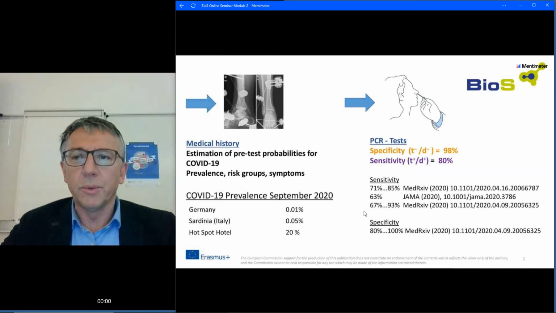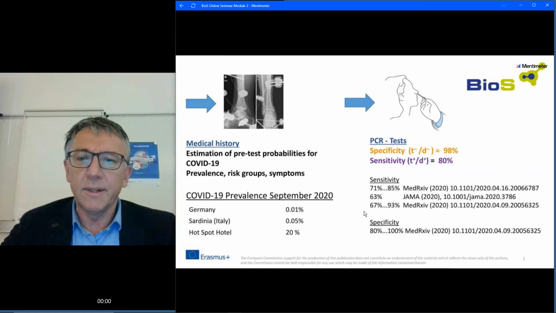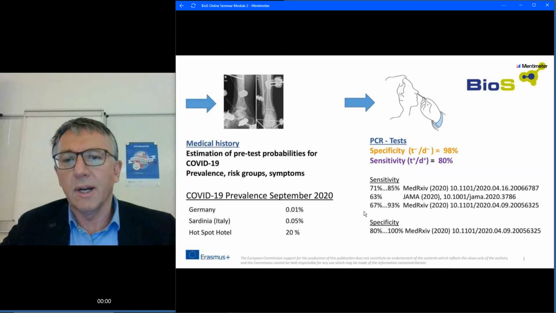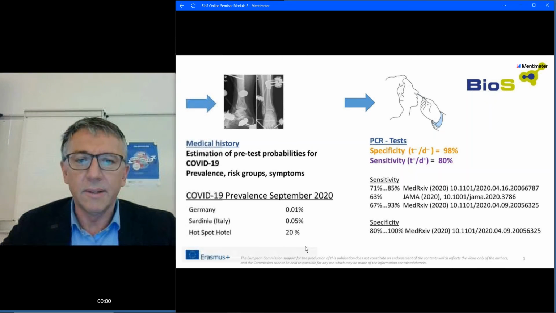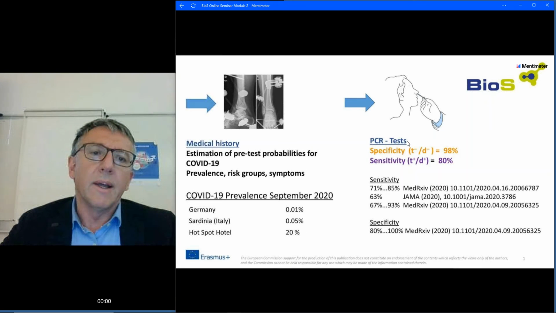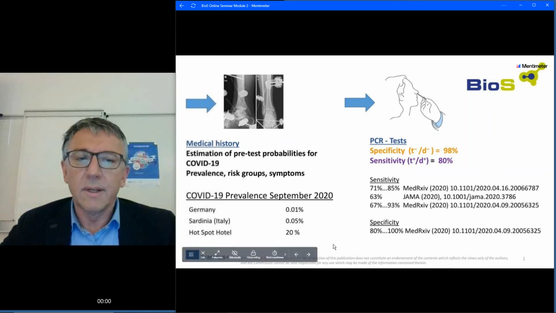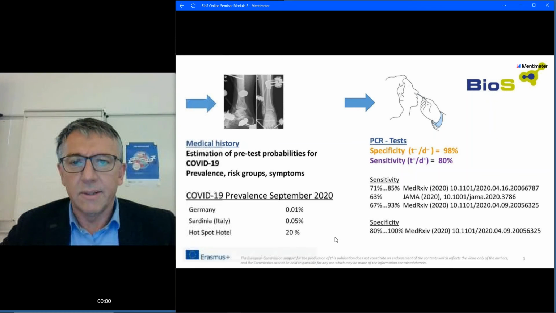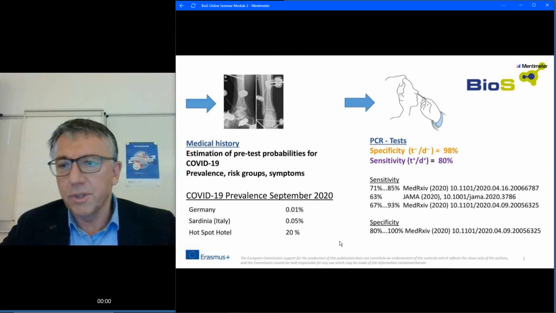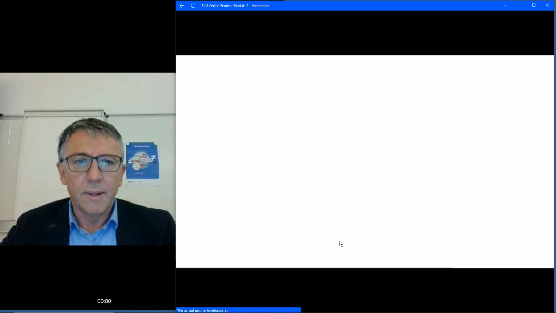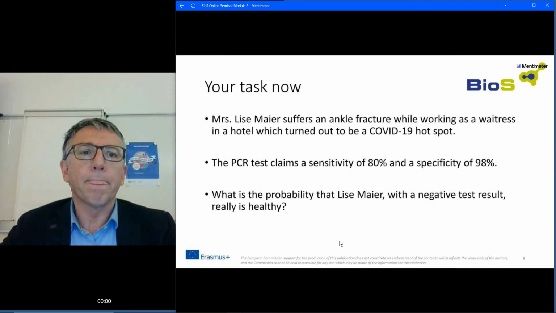So we now look into the information that is obtained if an individual coming from a hotspot hotel with a high pre-test prevalence has had a PCR test, and now we would like to interpret the results of the test being positive or the test being negative.